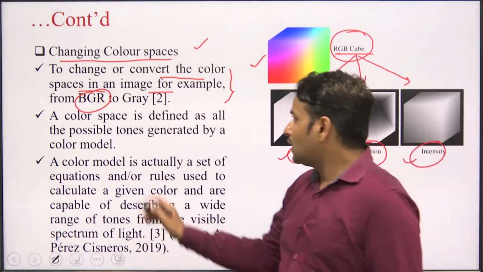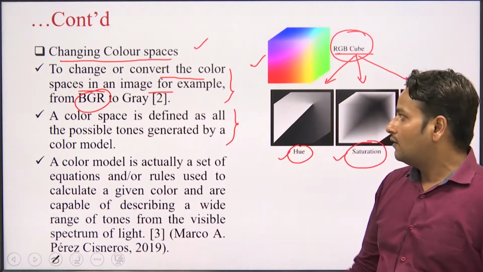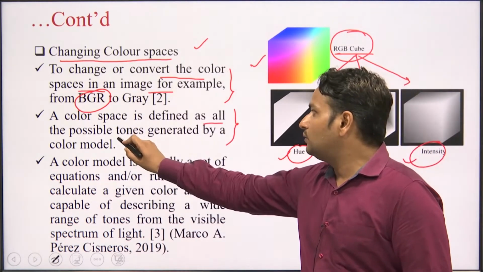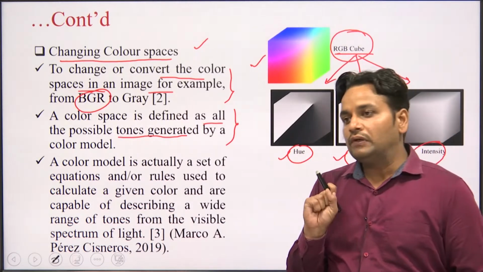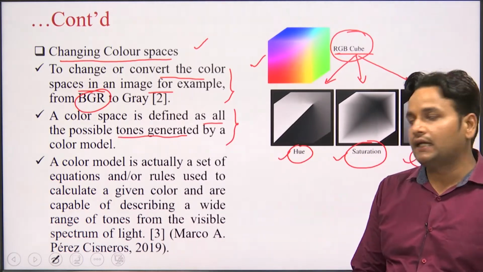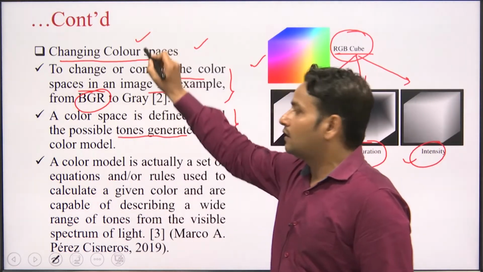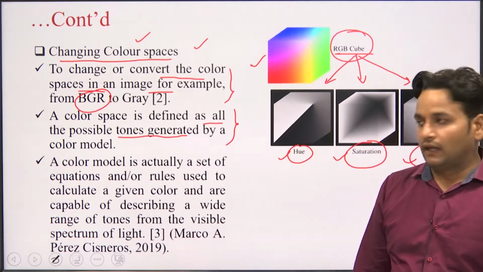Another term is color space, which is defined as all the possible tones generated by a color model. So, what will be the impact of the color model? You can identify it directly through changing color spaces. That operation is needed for this purpose only.